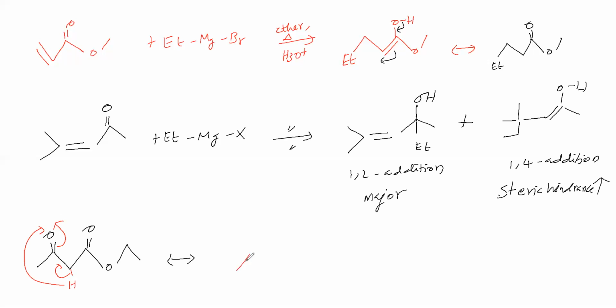So a pi bond will be produced, and this double bond O becomes OH. It is a double bond with an alcohol, therefore it is an enol. We can call this an enol.